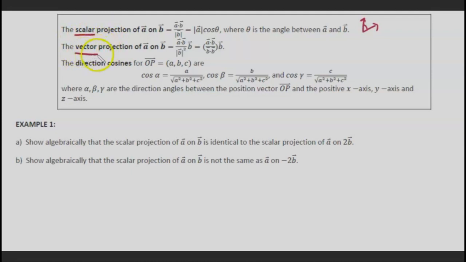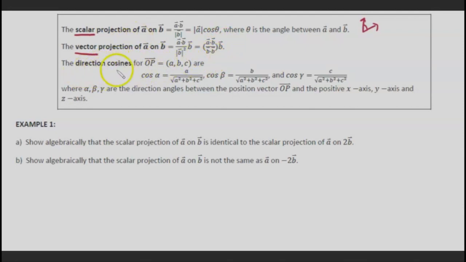Now the vector projection of A on B, you're going to get a vector. It's going to be A dot B divided by the magnitude of B squared times vector B, and it's going to equal A dot B over B dot B times vector B.